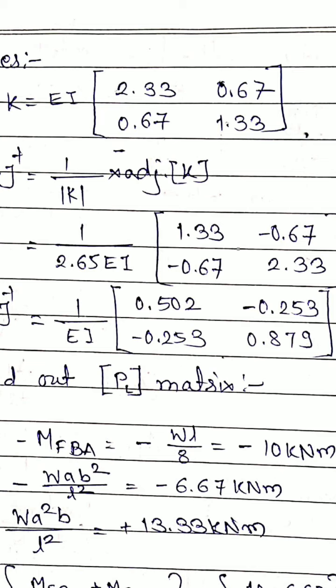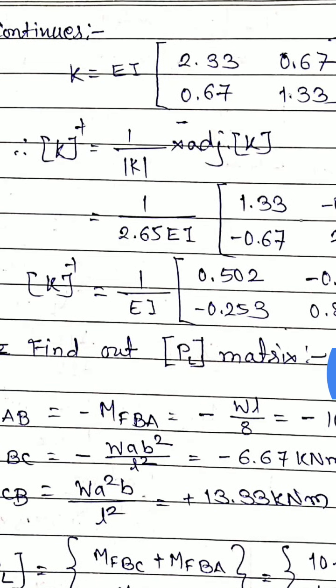K determinant is nothing but the multiplication of your diagonal elements, that is 2.33 into 1.33, minus the multiplication of your non-diagonal elements, so minus 0.67 square. So that value comes out to 2.65. Okay, so that will be your k determinant.